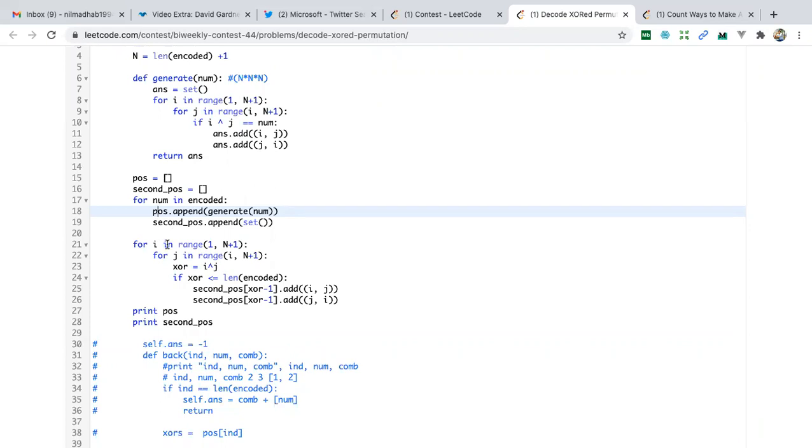And now I'm trying to do it for all, and XOR equal to i and j, and if XOR is less, so second position.